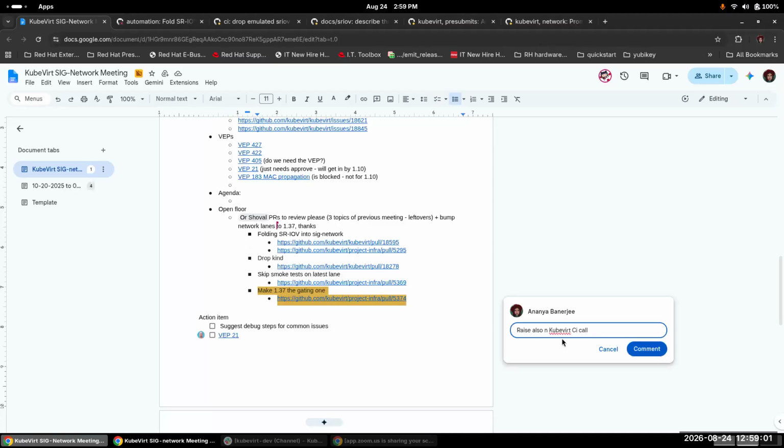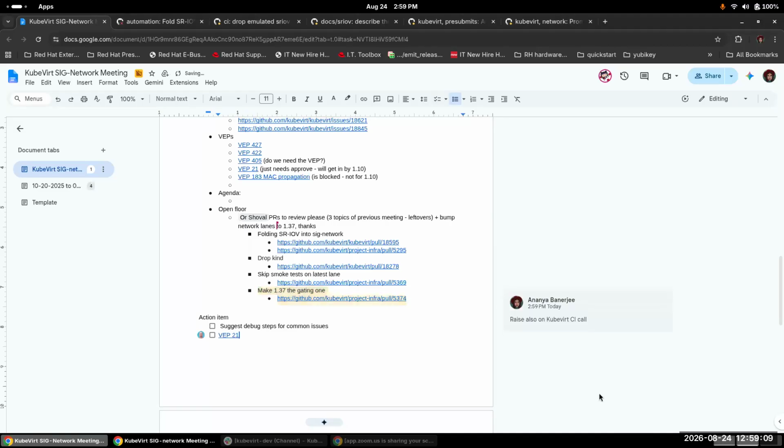By the way, it's a very interesting topic whether this should be done by only one SIG or everyone should be moved. Is there value? If SIG network is ready and SIG compute or SIG storage is not ready, is it reasonable to make some requirements or not? It's a good question. I don't have the answer. I don't think we should wait.